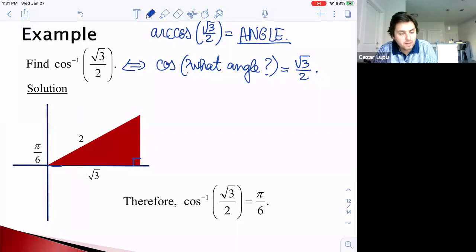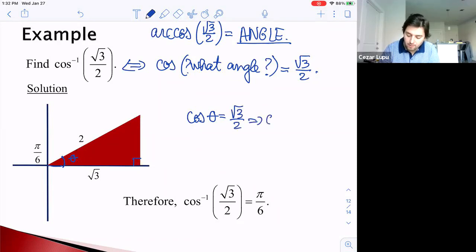The hypotenuse, right, because cosine of this angle, so this is our angle theta, let's say. So cosine of theta is the adjacent leg over the hypotenuse, so it's square root of 3 over 2. So theta will be pi over 6.